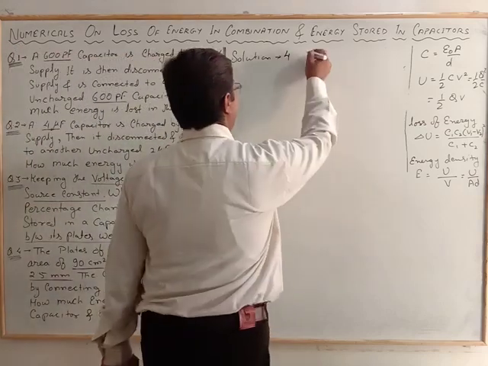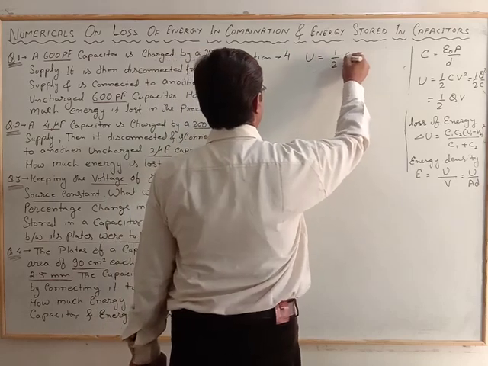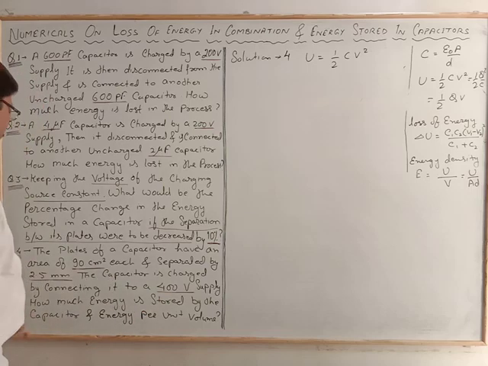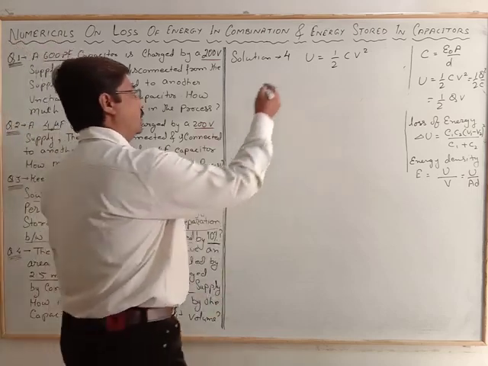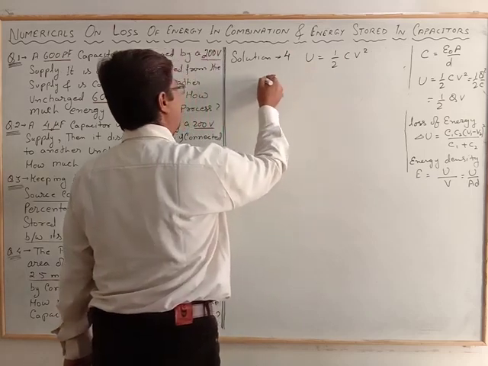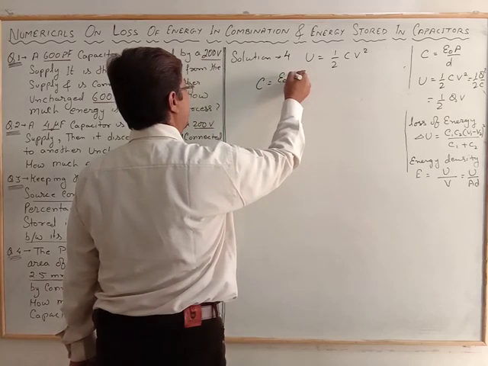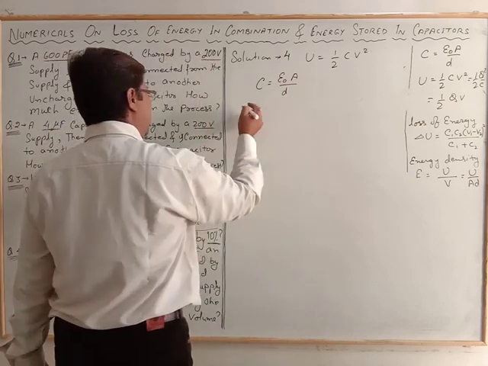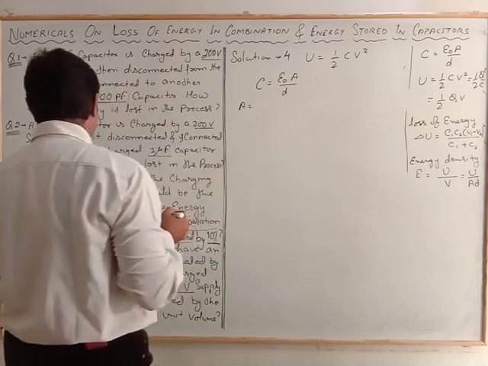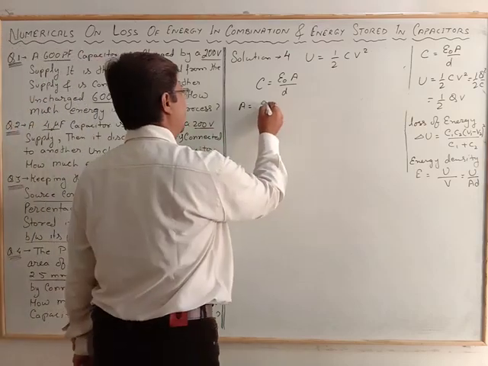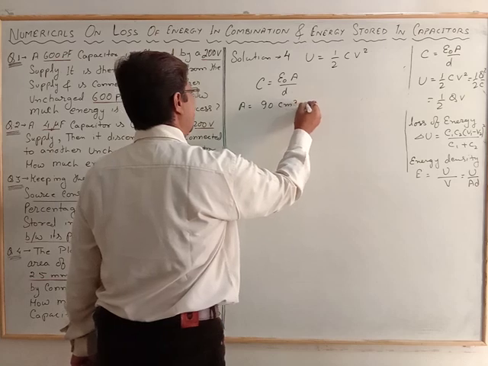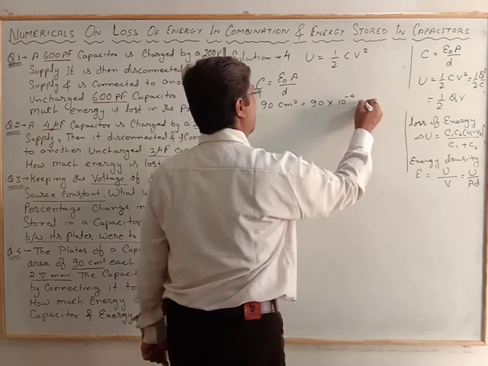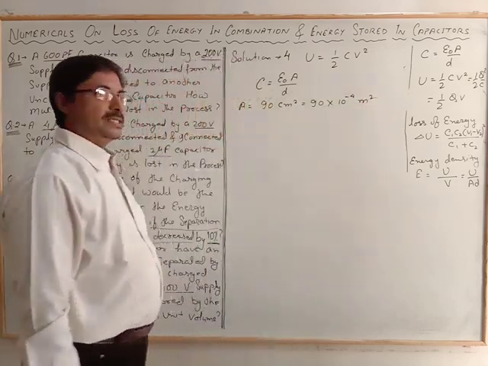Again, we use the formula of the energy, equal to half CV square. Potential is given as 400 volt, and capacitance we calculate. Capacitance C is equal to epsilon naught A by D. Now one by one, the plate area is given as 90 centimeter square, that is equal to 90 into 10 to the power minus 4 meter square, converted into SI.